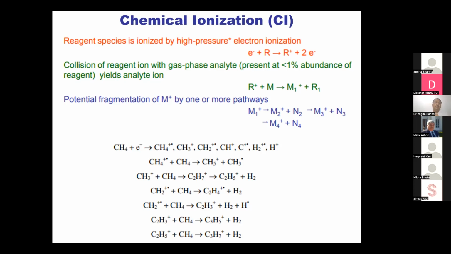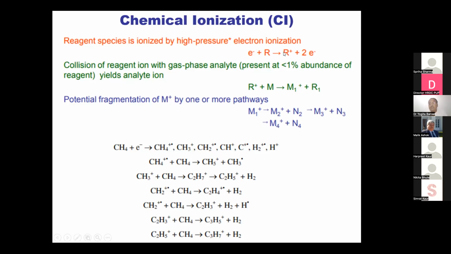In this case, the second species is ionized by high pressure electron ionization. We are not impinging the electrons on the solute itself, but we have a reagent, which is usually a gas, and that reagent gas is impinged by a high pressure electron beam, resulting in ionization of the reagent.